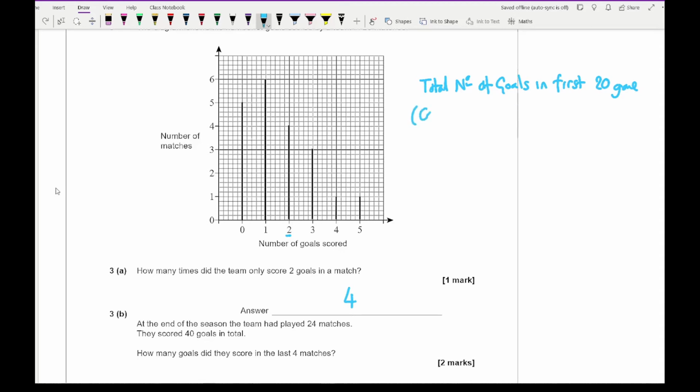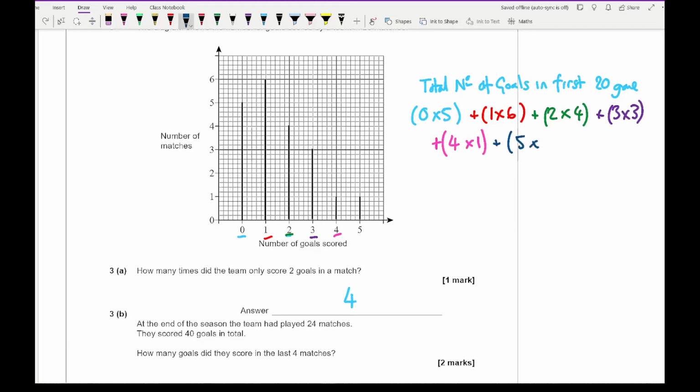So here we're going to have 0 times 5, which is our first bar. Then we're going to go for 1 times 6 plus, I'll try and use different colours, plus 2 times 4 plus 3 times 3 plus, let's go for this one, and then 4 times 1, and finally 5 times 1.